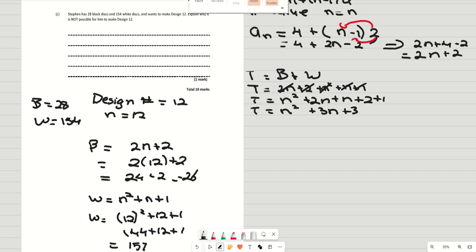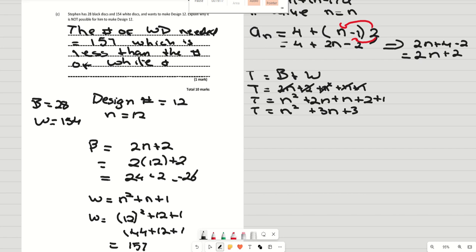So the reason why it is not possible is that the number of white discs needed is equal to 157, which is more than the number of white discs given.